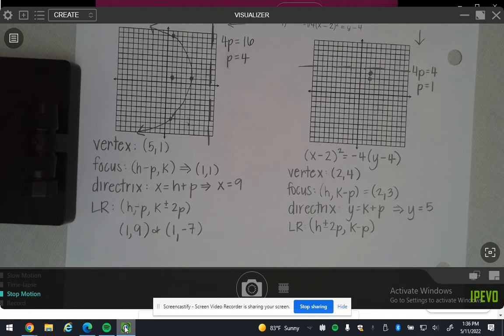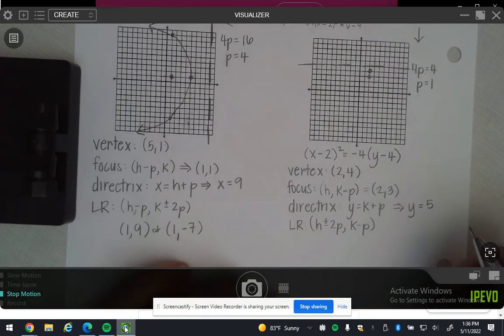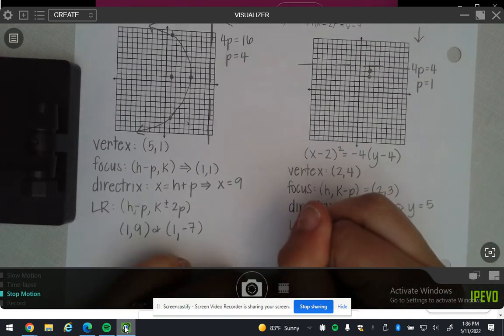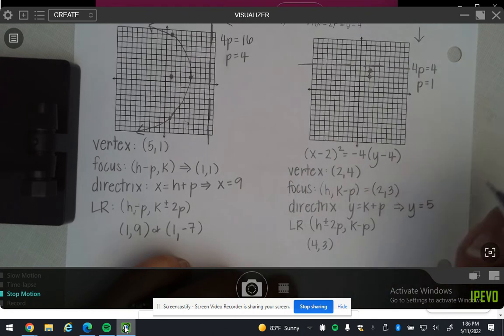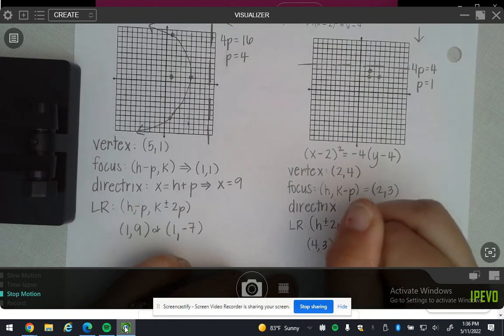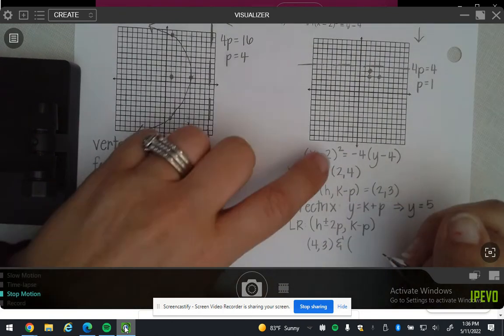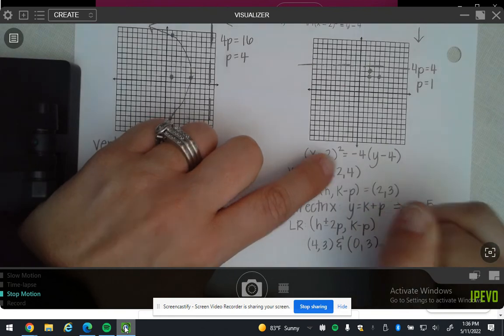What is h? h is 2. What's p? 1. So 2p is 2. So 2 plus 2 is 4, comma, k minus p, 3. And 2 minus 2, which is 0, k minus p.